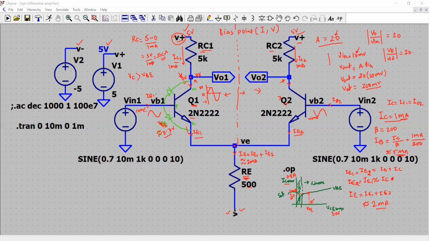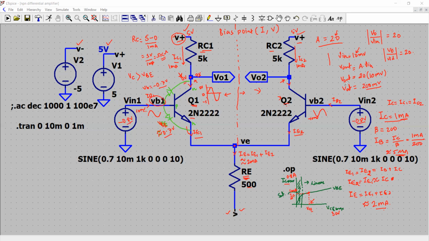So at the base, I have VB, that is about, let's say, minus 0.7 volt minimum. Maximum it can go negatively, minus 0.8, minus 0.9, and so on. So I would fix this voltage to be, let's say, minus 0.8 volt, for example. So that is my DC bias level.